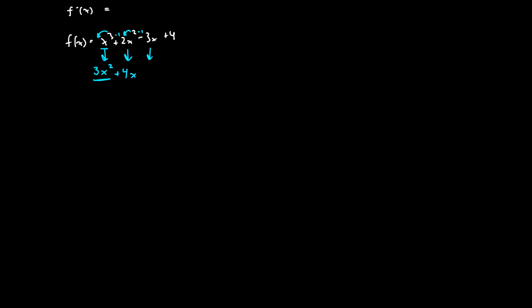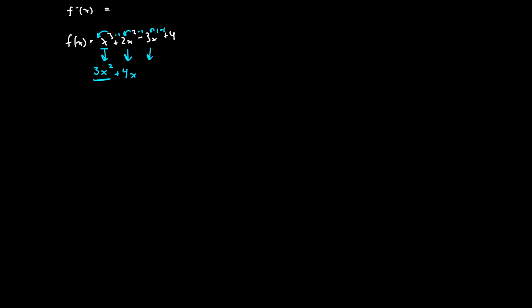Do it one more time. So here's our understood 1. So let's bump it down. And we get negative 3 times 1, which is just negative 3. Now, the trick here is, in my exponent, when I subtract 1, I'm going to get 0. Well, x to the 0 power, any number to the 0 power is just going to be 1.